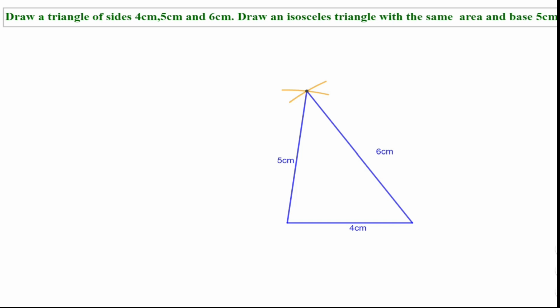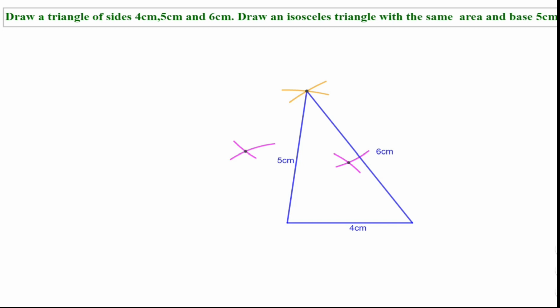So let us draw the perpendicular bisector of this line. For that, we can take more than half of the length as radius and draw arcs on both sides. Now put the compass at the other end and taking the same radius, draw arcs on both sides.